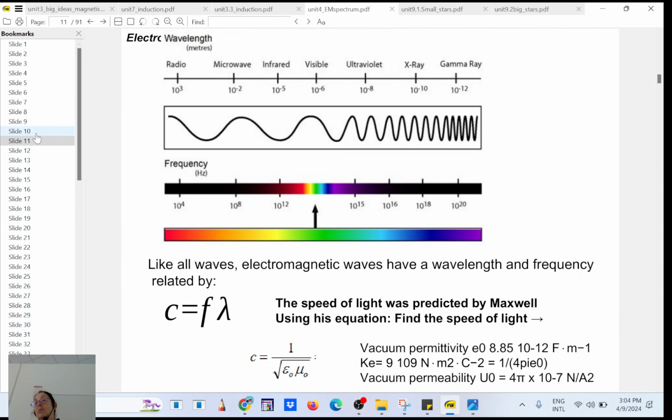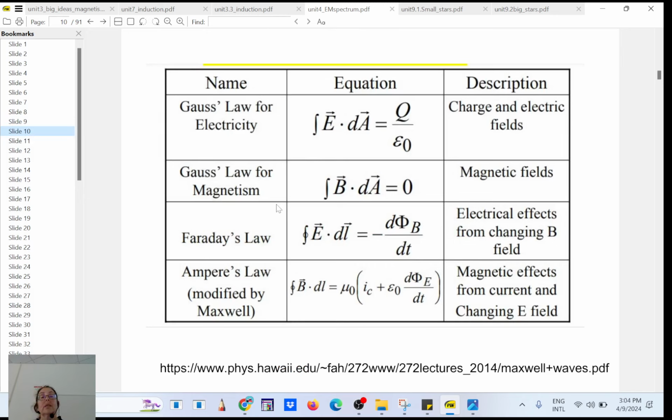Okay, so what's beautiful about those? Maxwell wrote down those 4 equations, and then he started to play with them. And you see here, you have 2 constants that you already work with. You have the magnetic constant and you have the electric constant. Do you remember those? Can you find these values?